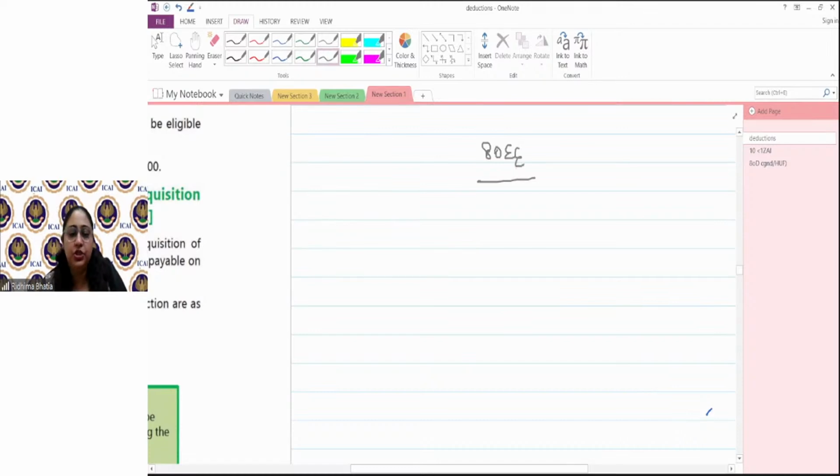Section 80EE. Again, in the E series, interest on loan begins. 80EE is interest on loan, but what loan? Interest on housing loan. So what are the criteria?